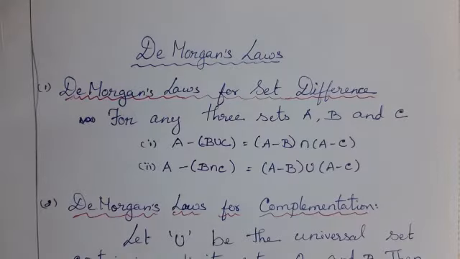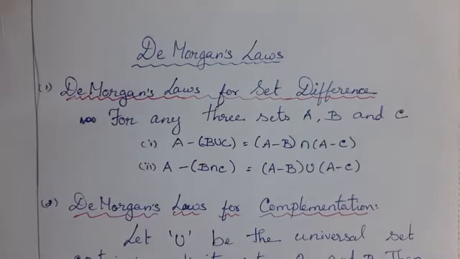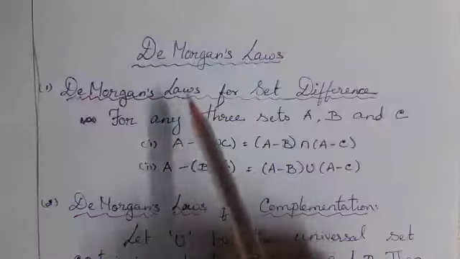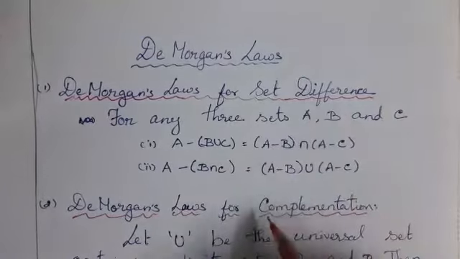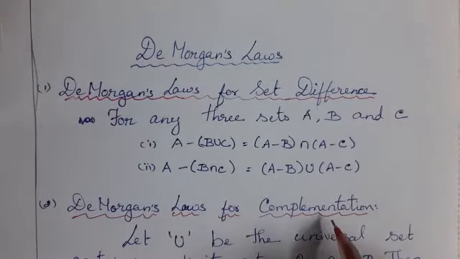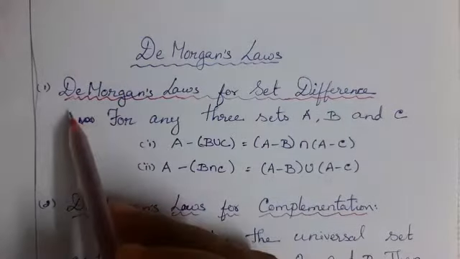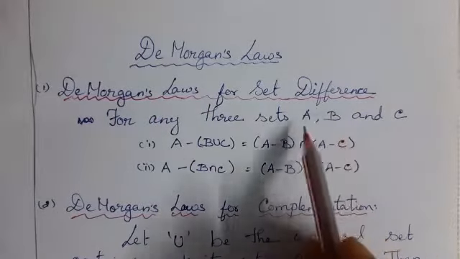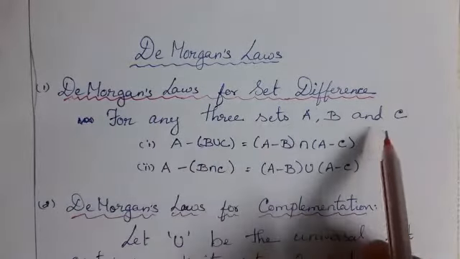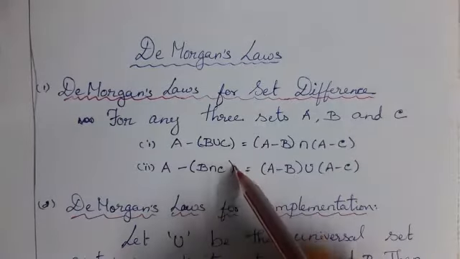Next one, De Morgan's law. You have 2 De Morgan's laws. One is for set difference, another one for complementation. First one, De Morgan's laws for set difference. For any 3 sets, you have 2 laws.